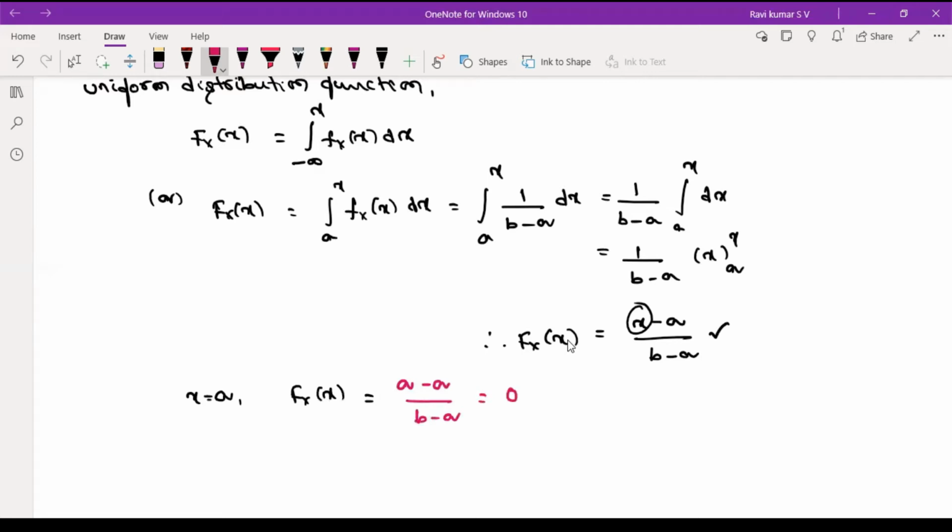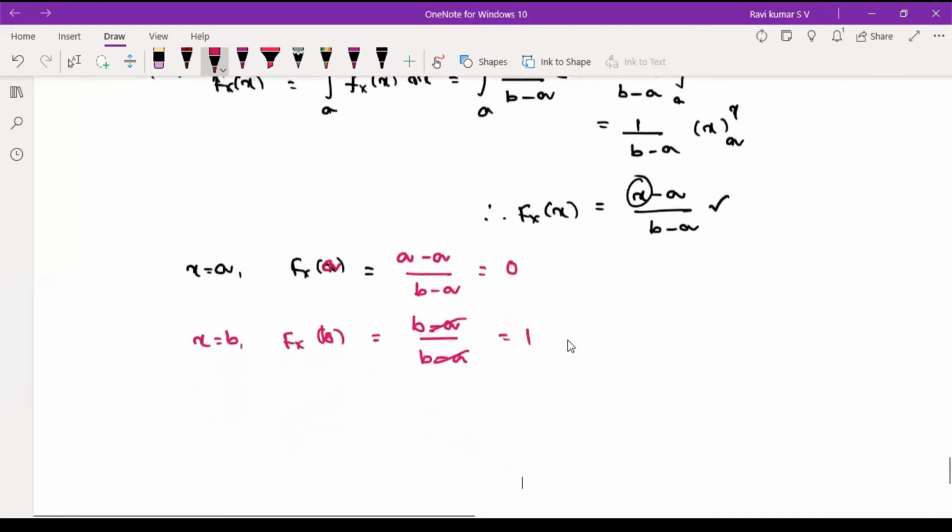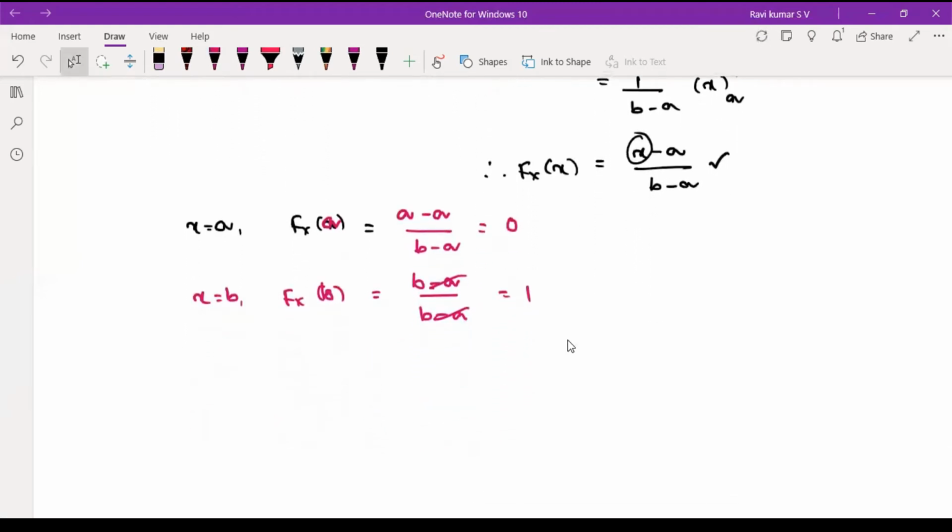Now taking x equal to b, F_X(b) is b minus a by b minus a, so the terms cancel and the value is 1, for the given conditions a and b.